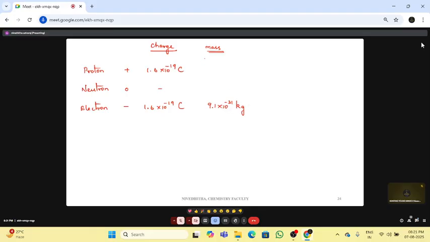And mass of proton is 1.6 into 10 power minus 27 kilogram. And mass of neutron is also 1.6 into 10 power minus 27 kilogram. Okay. Could you please tell me which is the lightest subatomic particle?